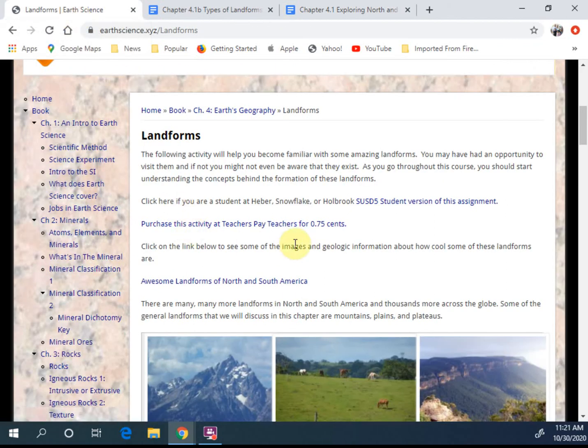Now, for those who are absent, you will need to print that lab out and populate it, or click here, either one, and print it and populate it with the provided landforms, highlighting, circling, coloring. Make it very well identified.